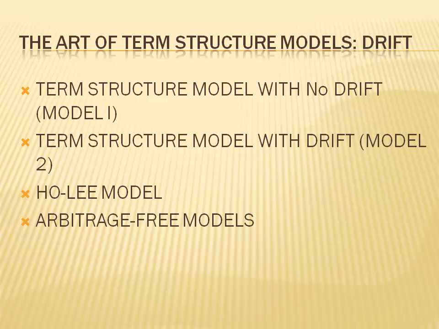So in model one, we expect the mean of dw to be 0, the drift is 0, and the standard deviation of dw is root dt. The rate volatility of change is sigma root dt. Now we need to understand here that the short-term interest rate change is normally distributed, and we have assumed no drift.